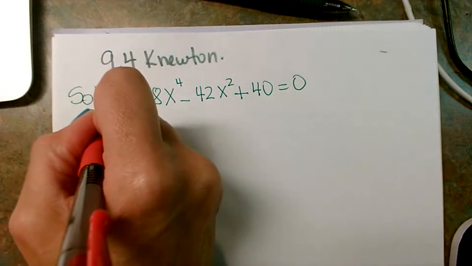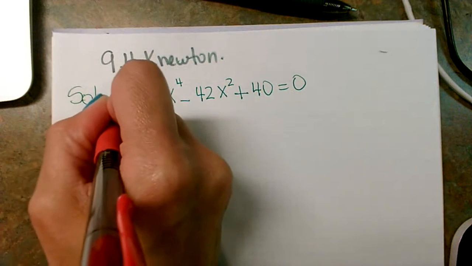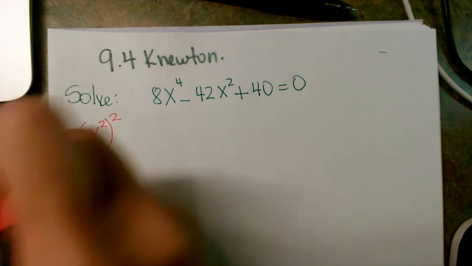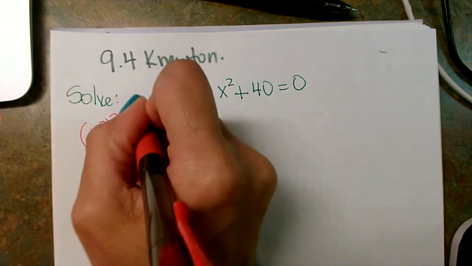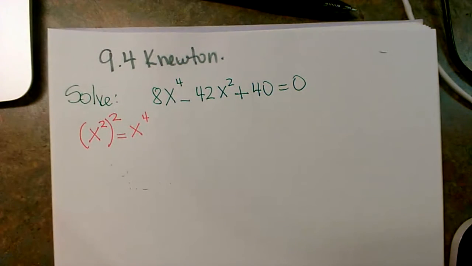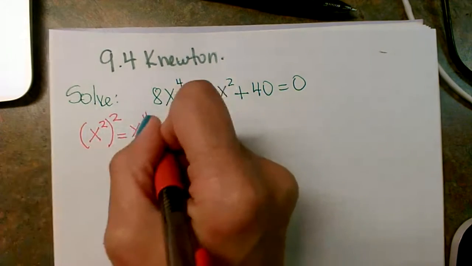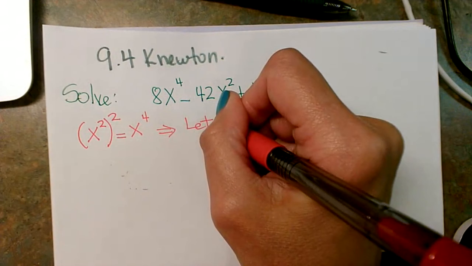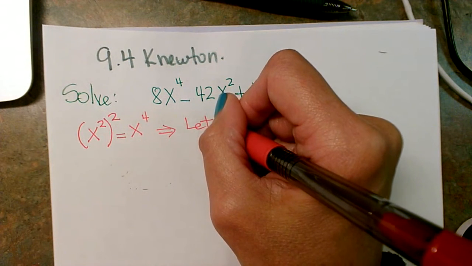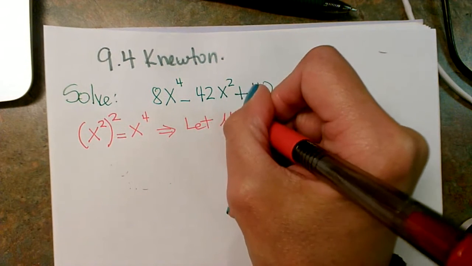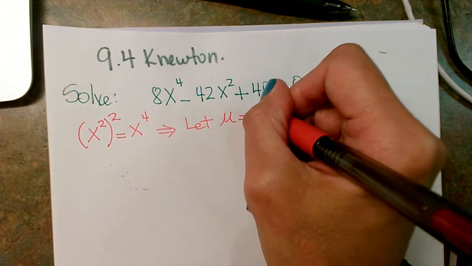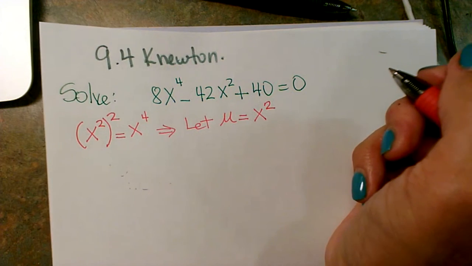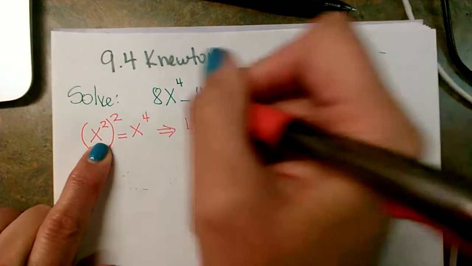This is x squared and square again, right? This is x to the fourth. So we're gonna let's say what letter? U be equal to x squared. Okay?